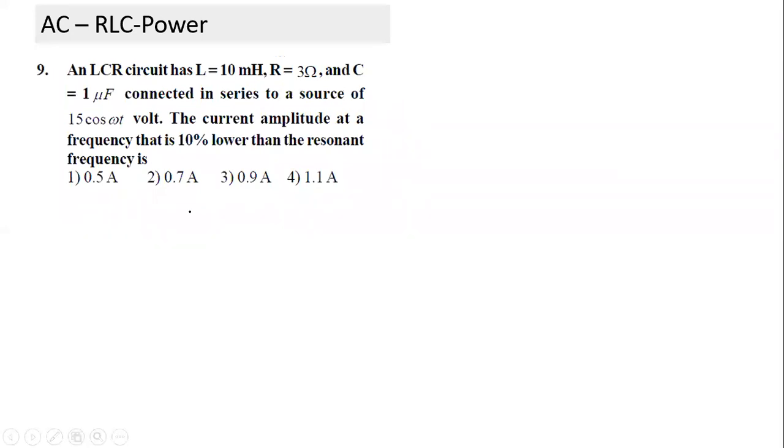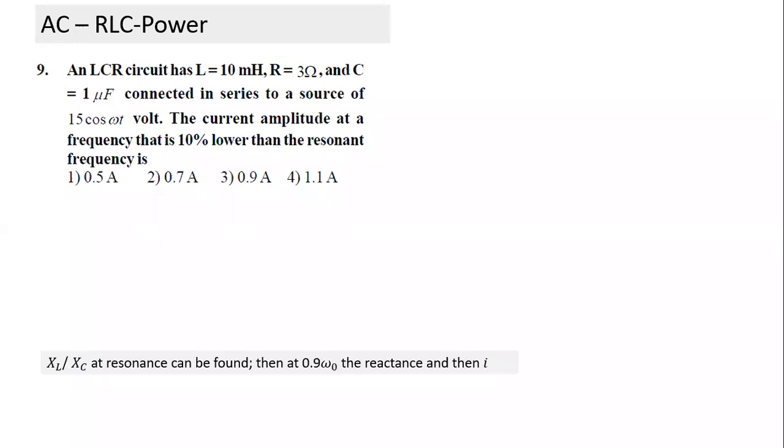Okay, this question, let's see how we go about solving it. All of you think, how do we go about solving this question? I'll read through once and see how we solve it. It's a simple question. They're all substitutions in a mathematical equation. So here, what are the things which are given? The source is given. The current amplitude at a frequency that is 10% lower has to be found.